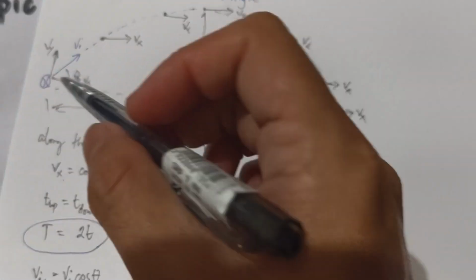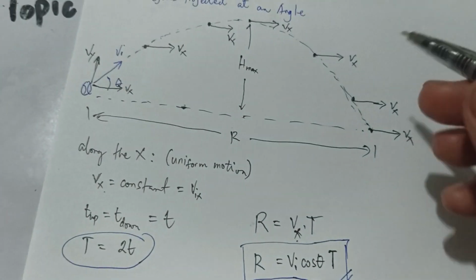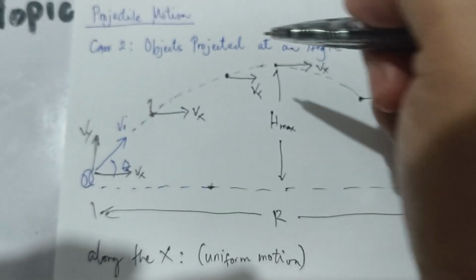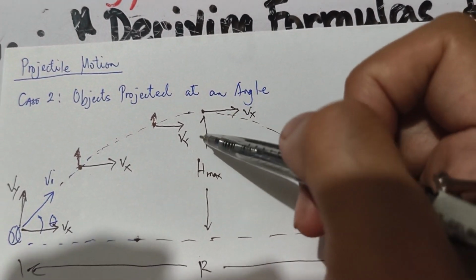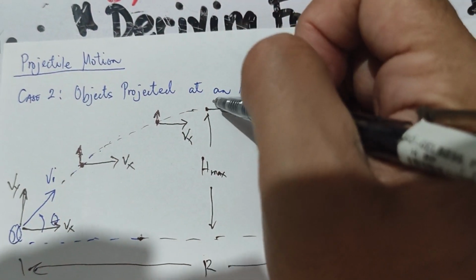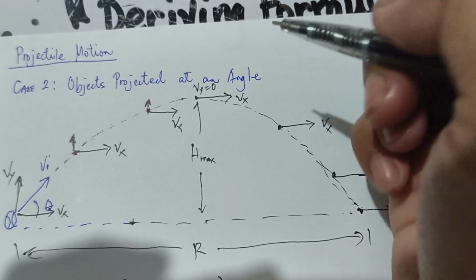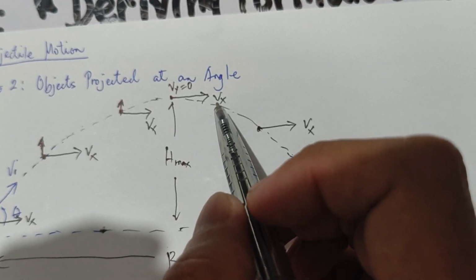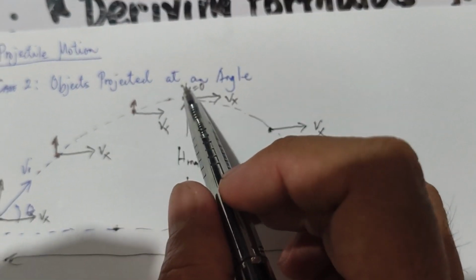However, as the object moves up, what happens to the vertical velocity? So, nababawasan. And at the highest point, in here, Vy is 0. Merong Vx yung object, pero ang kanyang Vy is 0.